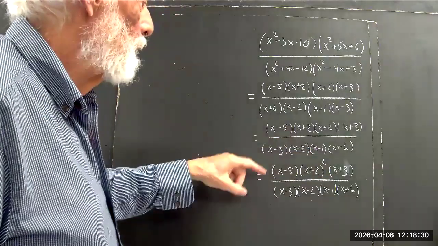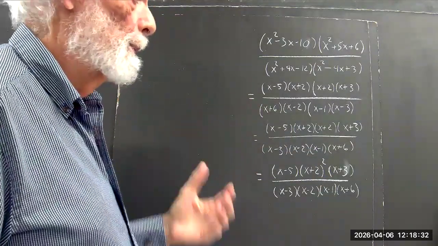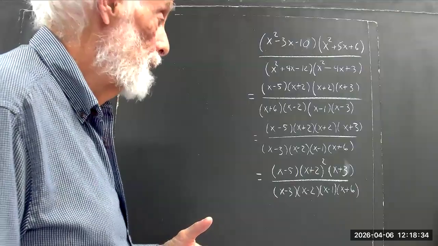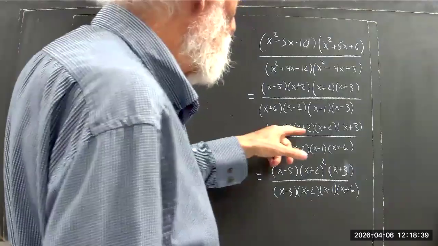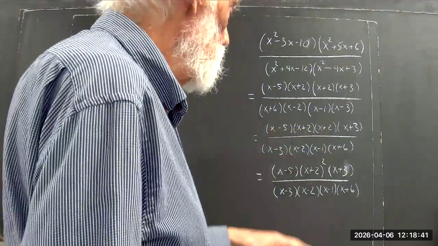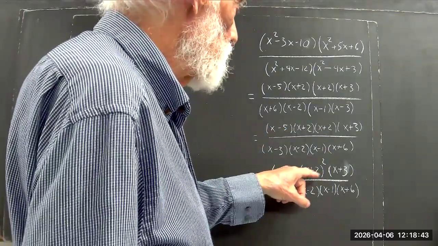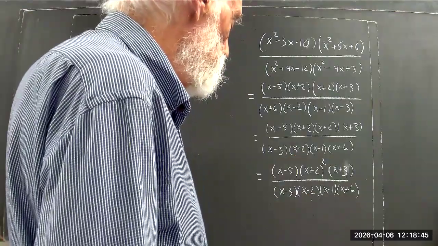Checking through, we find that there are no common factors between the numerator and the denominator. So now we just write the same expression we just had, except the x plus 2 times x plus 2 will be replaced by x plus 2 quantity squared.